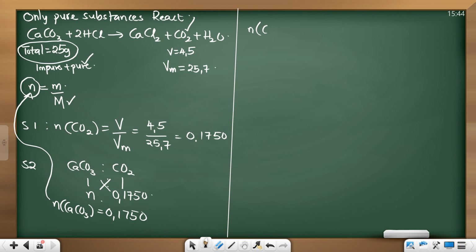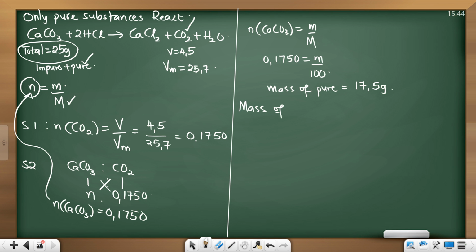Can I throw that back in now? The number of moles of calcium carbonate, therefore, is mass over molar mass. What is this? 0,1750, mass over 100. What is the mass of the pure? Cross multiply. Mass of impurities, what will it be? 25 minus.